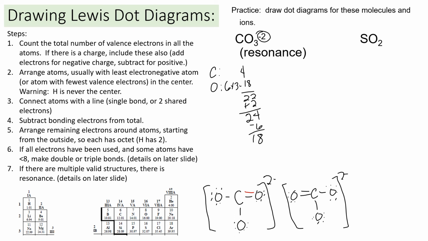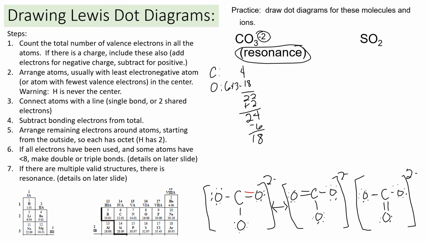And so when you have more than one valid structure, you draw them both and put an arrow between them, indicating resonance. And for this particular molecule, we have one more, because we could have put the double bond on this last oxygen as well. So we have 3 equally valid structures, and that's resonance.